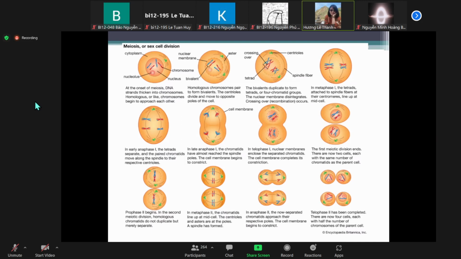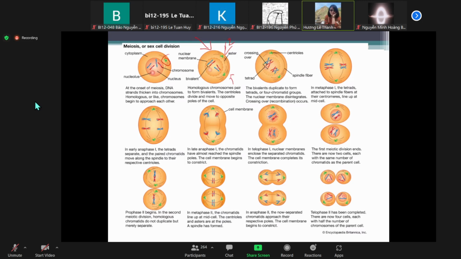each other. And in the second step here, homologous chromosomes pair to form a bivalent, and the centrioles divide and move to opposite poles of the cell. Here are the centrioles in the first step. And in the second step, the centrioles divide into two centrioles.